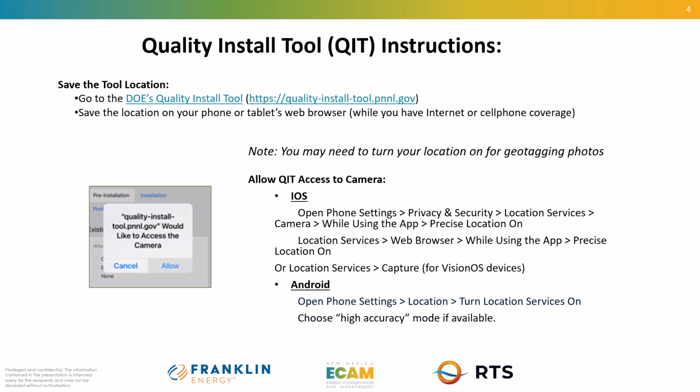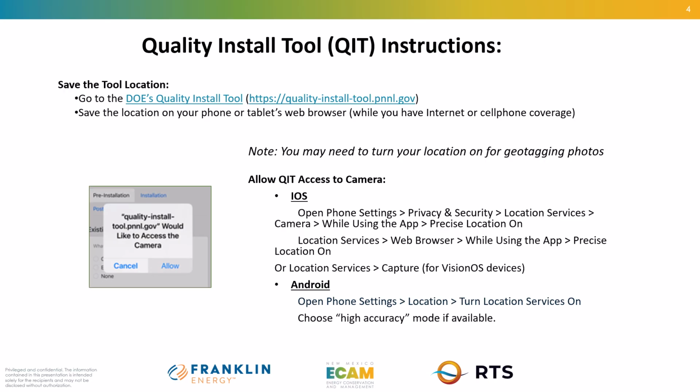To do this on an iOS phone, go to the phone settings, select Privacy and Security, then select Location Services, and select Camera. Precise location on while using the app. Next, select the web browser you'll be using to access the QIT website, and select Precise Location on while using the app. For Vision OS devices, select Location Services.